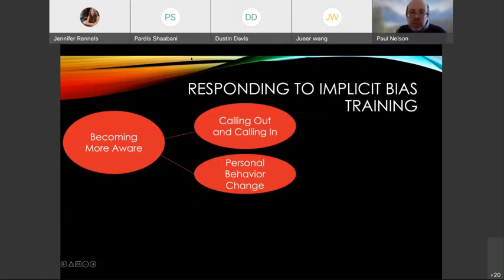And both of these have been viewed empirically to be effective in changing behavior, but they can be initiated by people based on differences in one's personality. If one is particularly agreeable, maybe calling in is seen as a more attractive option to creating this kind of personal change of another individual through this conversation separately, right, one-on-one, versus doing it in a public way.